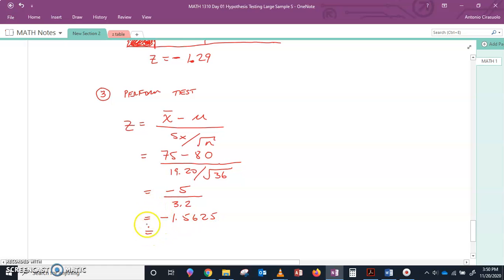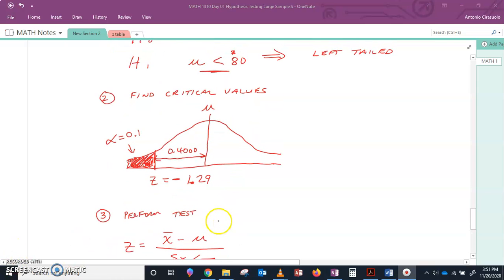We're going to round that and say it's approximately negative 1.56, which is 2 decimal places. So negative 1.56, where does that work out to be on our normal curve? It's actually right here somewhere. So that's our test value.